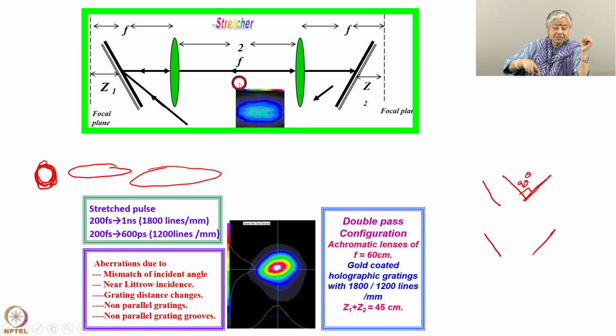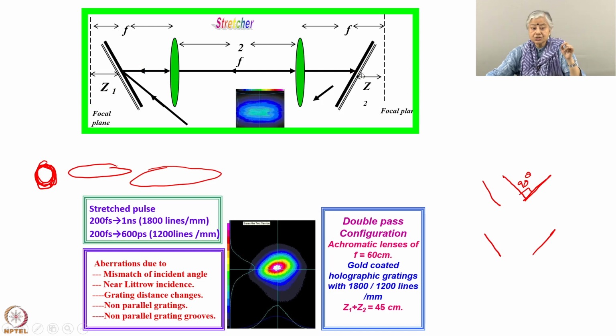In theory, it is absolutely a circular beam, but in actual practice, it may not be so. So, I have a double pass through this stretcher. That means one pass here, it goes here, it goes here, that is one pass. Then it goes back to this, goes back this way and then comes out. So, I have a double pass.